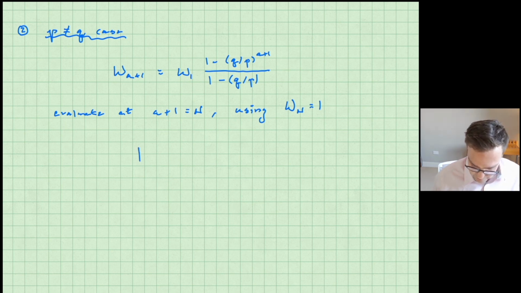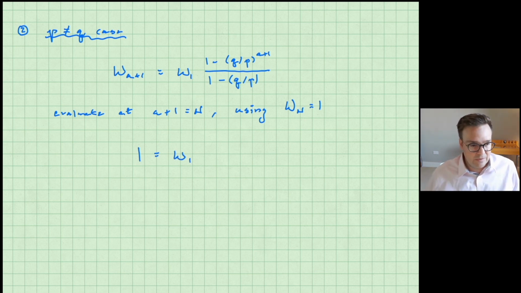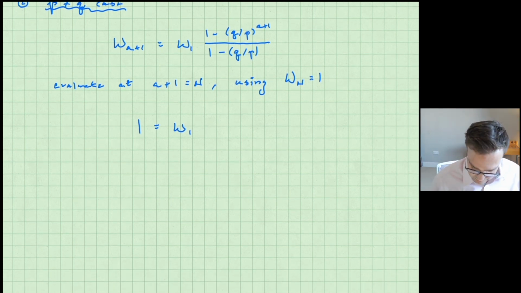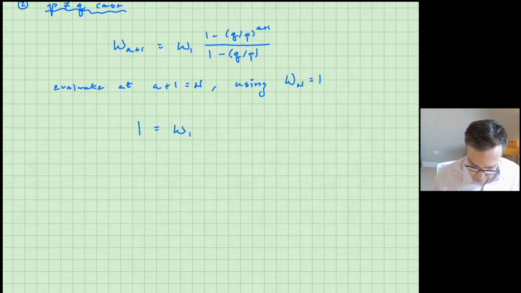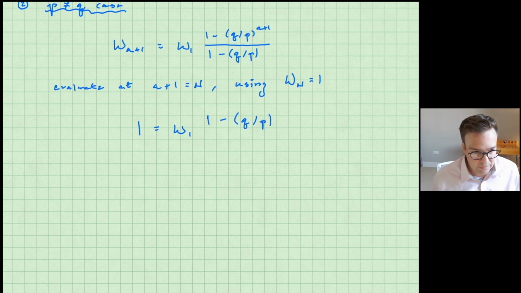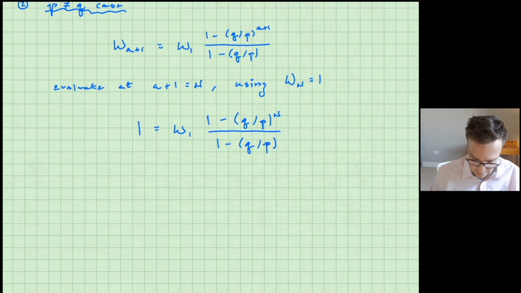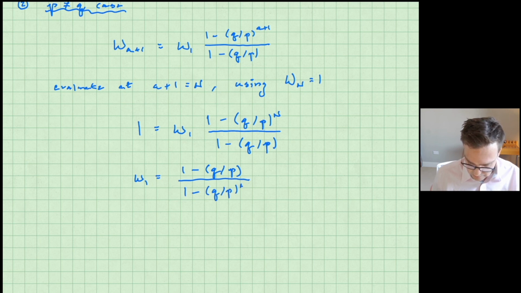I've got W1, and on the right-hand side, A plus 1 is n, so I've got 1 minus Q over P to the n over 1 minus Q over P. If we solve this for W1, W1 is equal to 1 minus Q over P in the numerator over 1 minus Q over P to the n in the denominator.